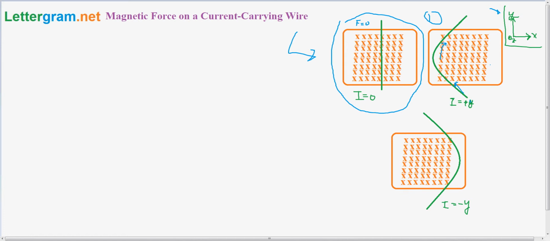So we have a definition of current, which is the direction of positive charge motion. Since the current is going in the positive y direction, the electrons are actually going in the negative y direction. And since electrons are negative, you have to reverse it.